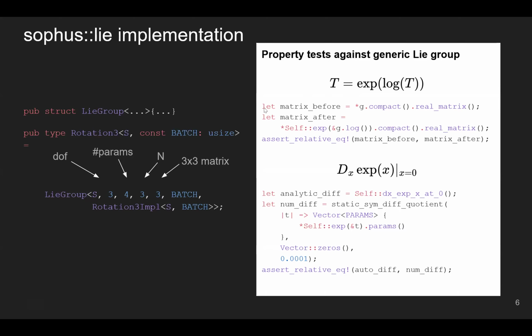So you write this test once, and it applies to all your groups. Then there's another type of test, for the derivative of the exponential map. That's really cool, because when you implement a new type and add more test coverage, you improve the test coverage for all the implementations, not just that one.